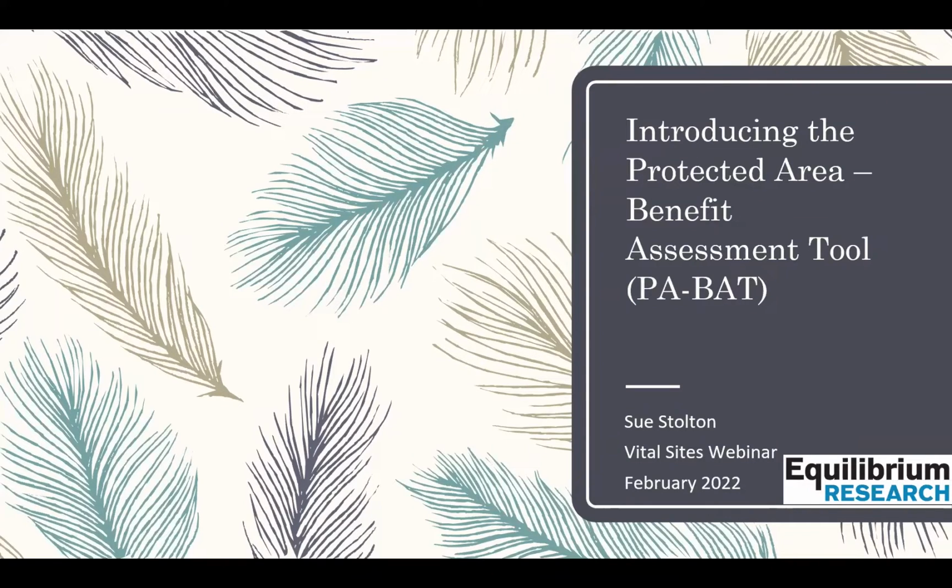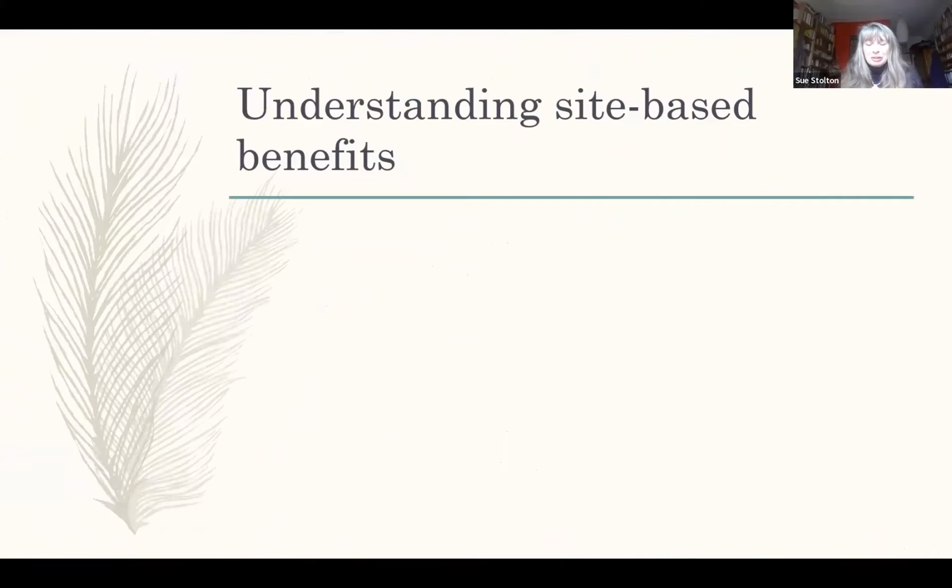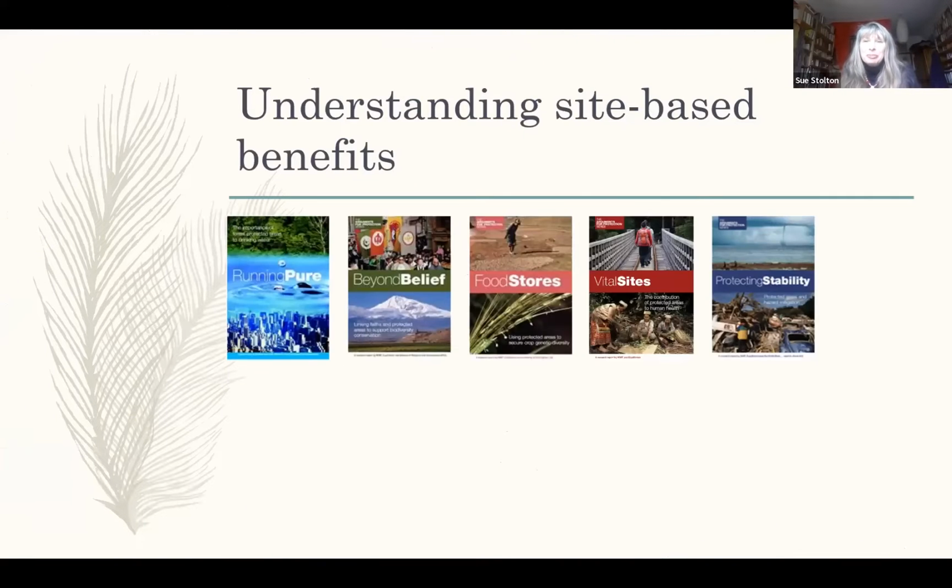And I'm going to start by looking back a bit over almost 20 years ago. So 20 years ago, we started really thinking that we wanted to talk a lot more about the wider benefits of protected areas. Biodiversity obviously is the core for protected areas, but we needed to start selling the concept behind protected areas more widely.